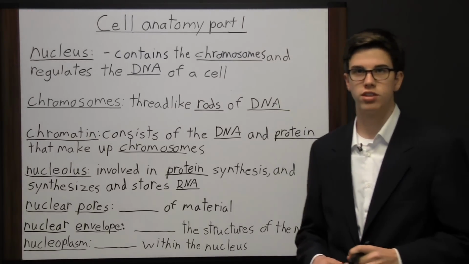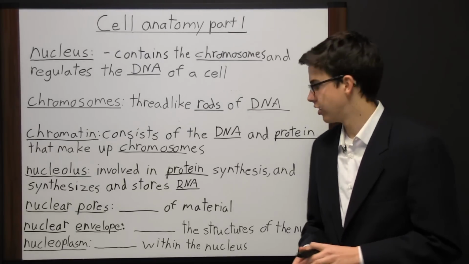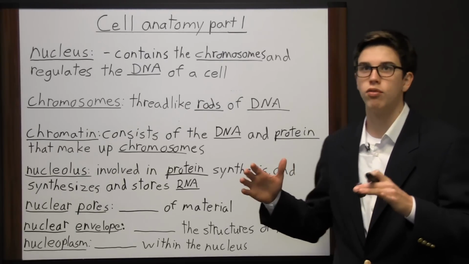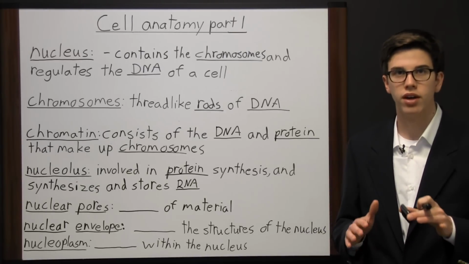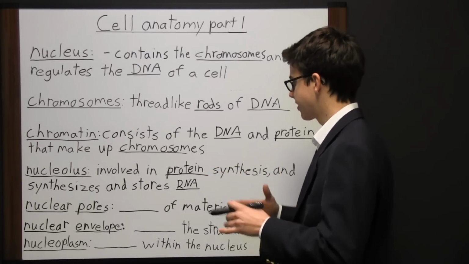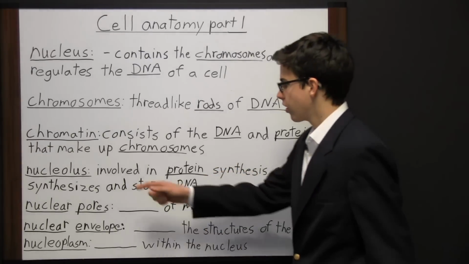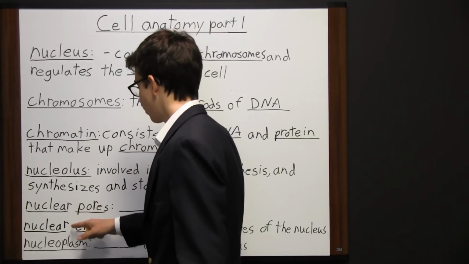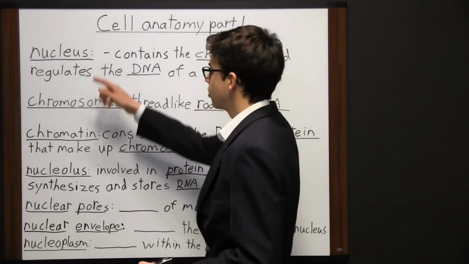So the nucleolus is the structure contained within the nucleus, and it consists of protein. It is small, round, doesn't have a membrane, but it's involved in what we know as protein synthesis and synthesizes and stores RNA. And so you notice here that the nucleolus, nuclear pores, nuclear envelope, and nucleoplasm all look very similar to the word nucleus.